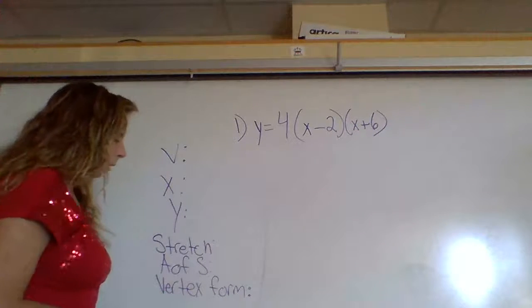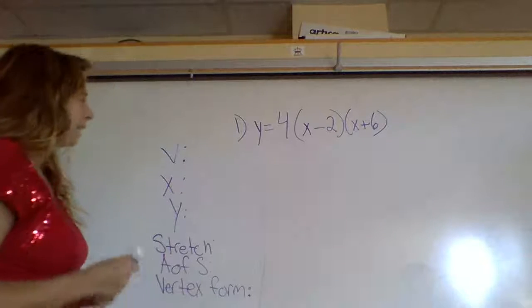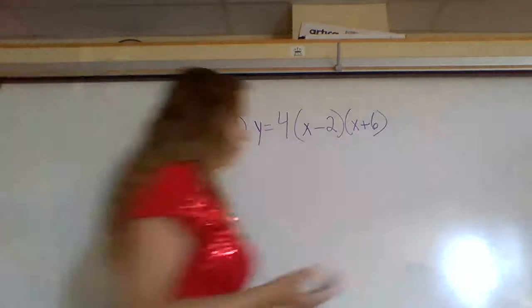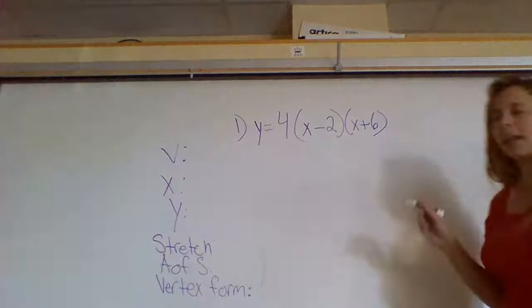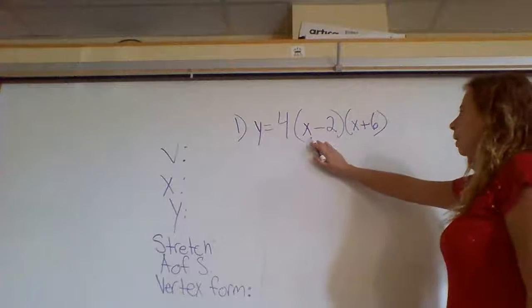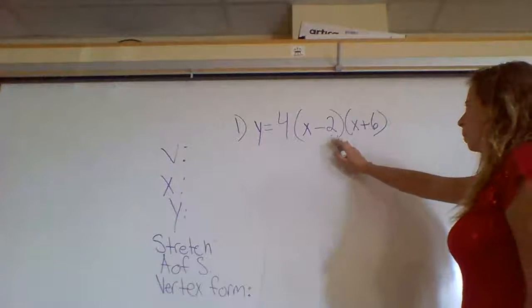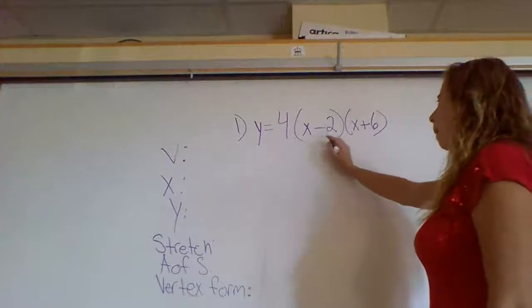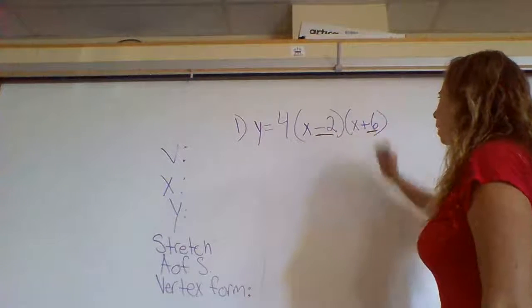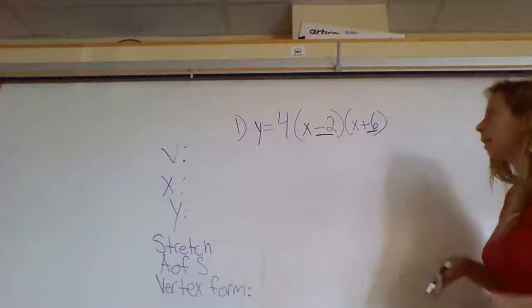Really, when you're given factored form, the easiest thing to pull out is the x-intercepts. So your x-intercepts are the opposite of what you see in the parentheses. So I have x minus 2, and I have x plus 6. So they are the opposites.